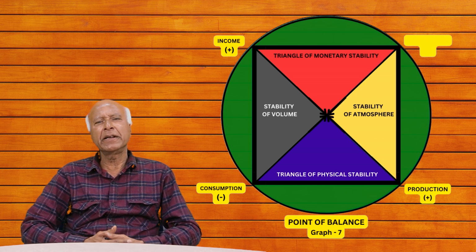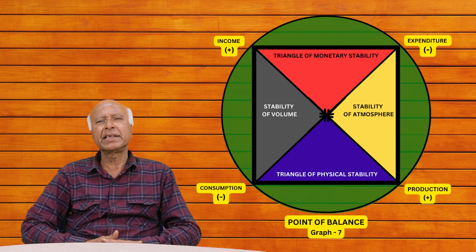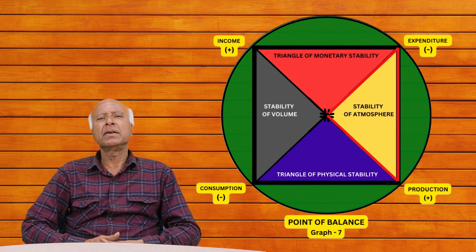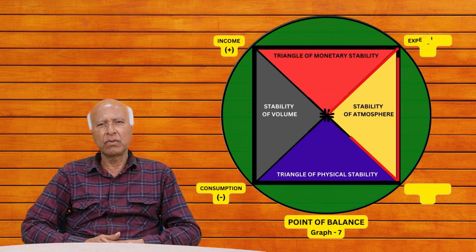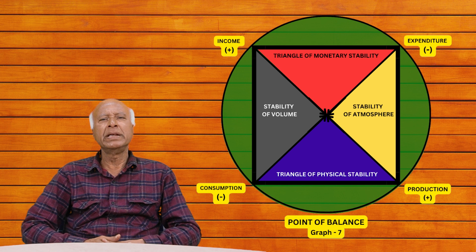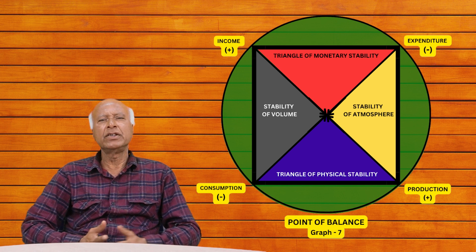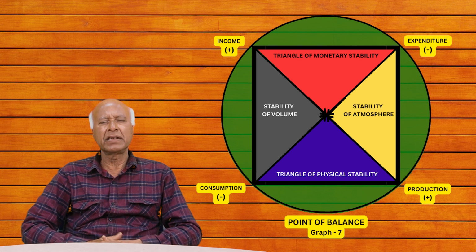So a perfect triangle in this case will always show the stability of the supply atmosphere. What this atmosphere means and what demand volume means has been discussed before also, so I need not elaborate it further.